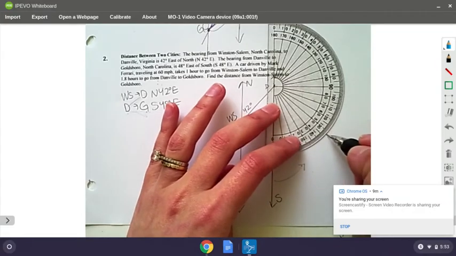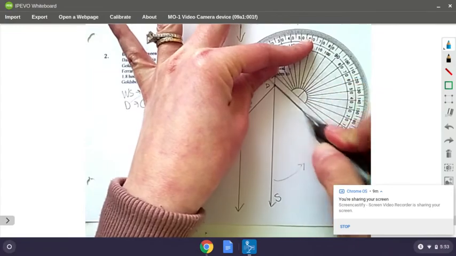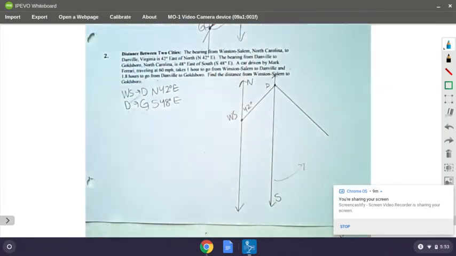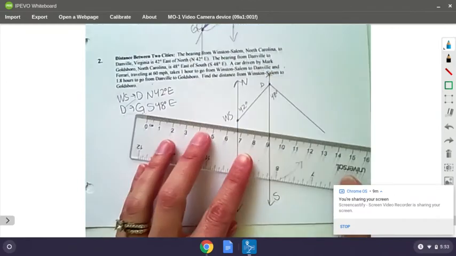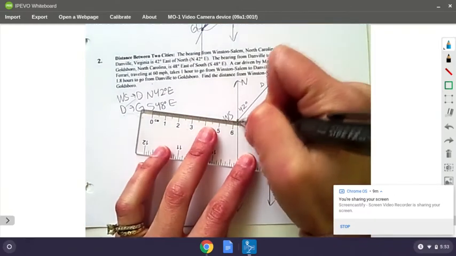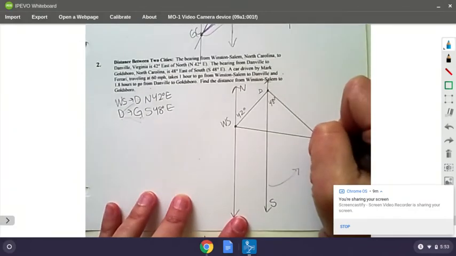Okay, so 48 degrees is about here. Remember, we're just estimating. So as I always have said, if you don't have a protractor, that's fine. Okay, so this is 48 degrees. And then we connect. So here's Goldsboro.